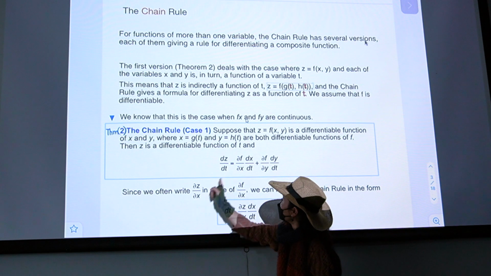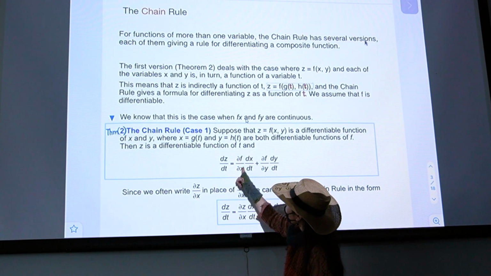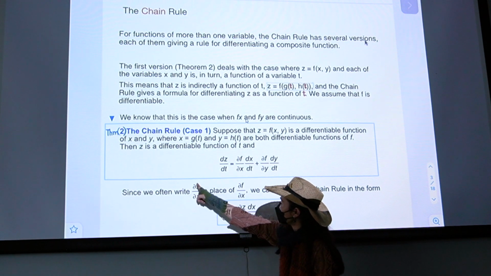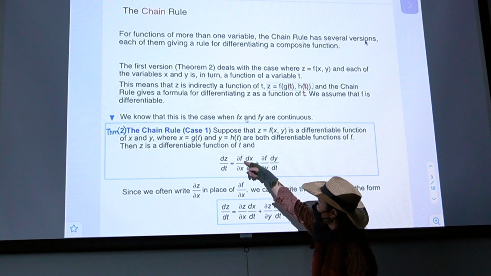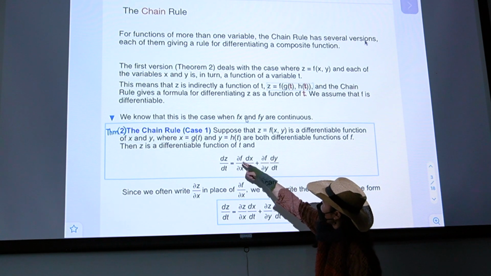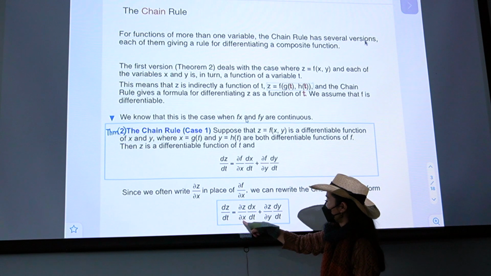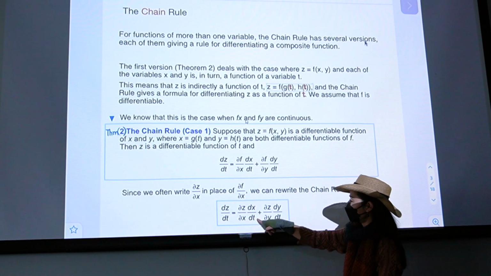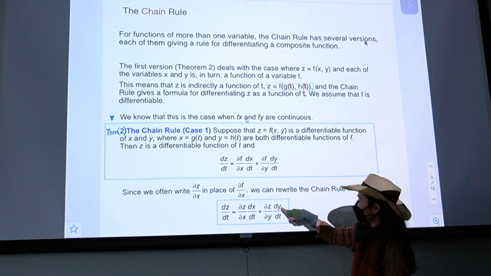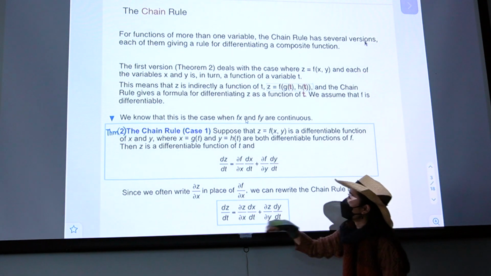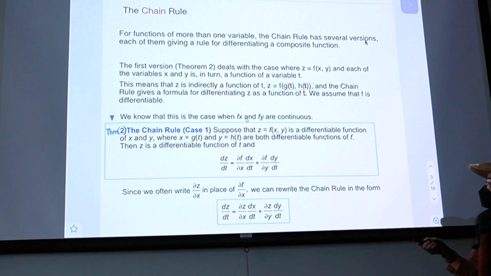So we can replace this by partial z/partial x, okay? So replace that way. So that becomes partial z/partial x times dx/dt plus partial z/partial y times dy/dt, okay? So that is the chain rule, okay?